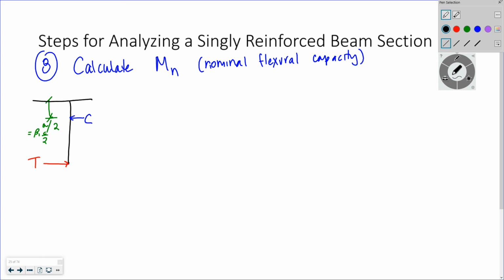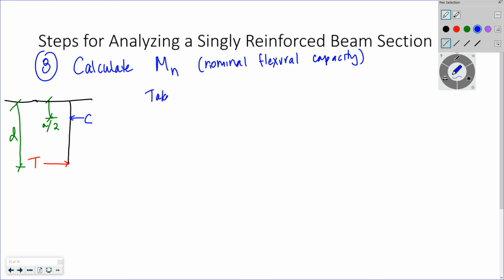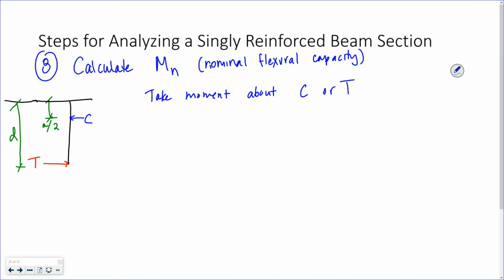If I look at my section, let's see, I also need to know my, right, I have A over 2, I'll just keep that one. And then the distance from here to here, which is D. I just need to take the moment about one of them to get my capacity.